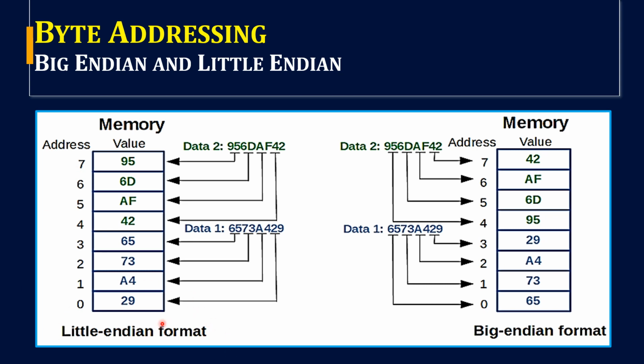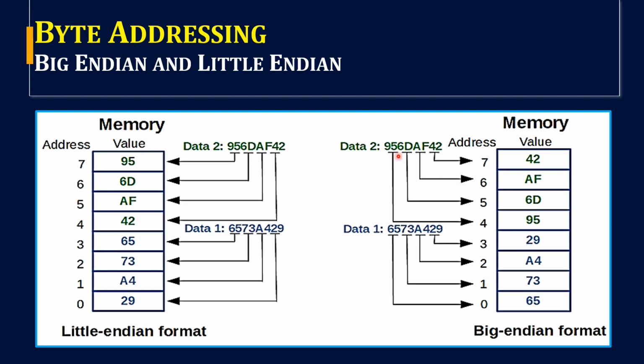Now let us look into the big endian format. In the case of big endian, the lower byte address is stored in the MSB part. That is, the most significant byte will be having the lower byte address. So 65, 73, A4, 29.